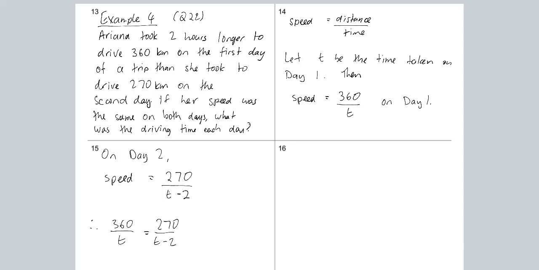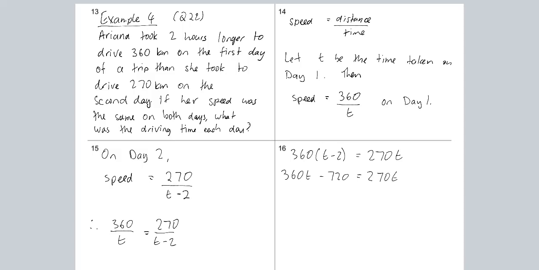Now we're going to use that trick of cross multiplying, where we multiply the left-hand side by the right-hand side denominator and vice versa. So we get 360 outside of t minus 2 is equal to 270 multiplied by t. So I'll now expand that. Now I'm going to do a swapsies.